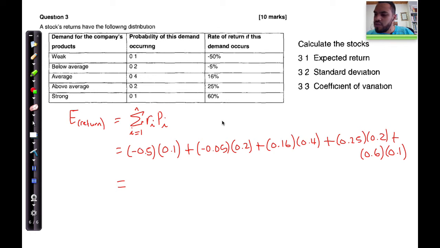So let's just see, what do we get? Negative 0.5 times 0.1 plus negative 0.05 times 0.2 plus 0.16 times 0.4 plus 0.25 multiplied by 0.2 plus 0.6 multiplied by 0.1.